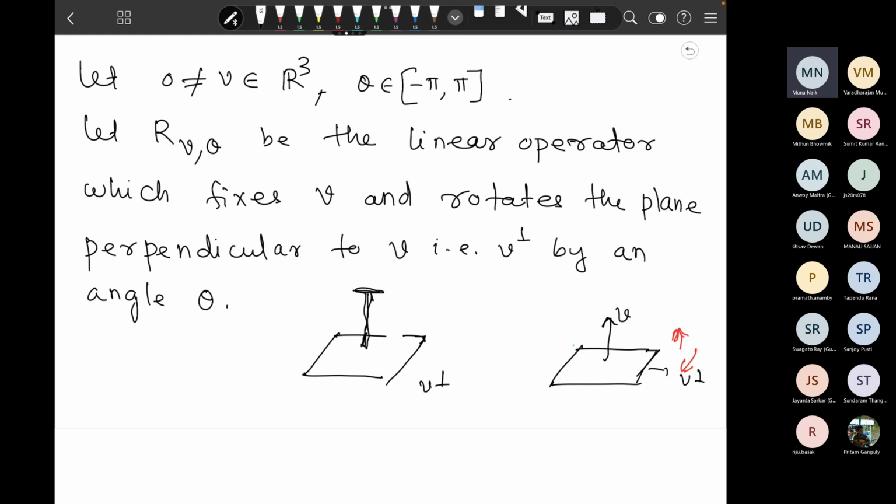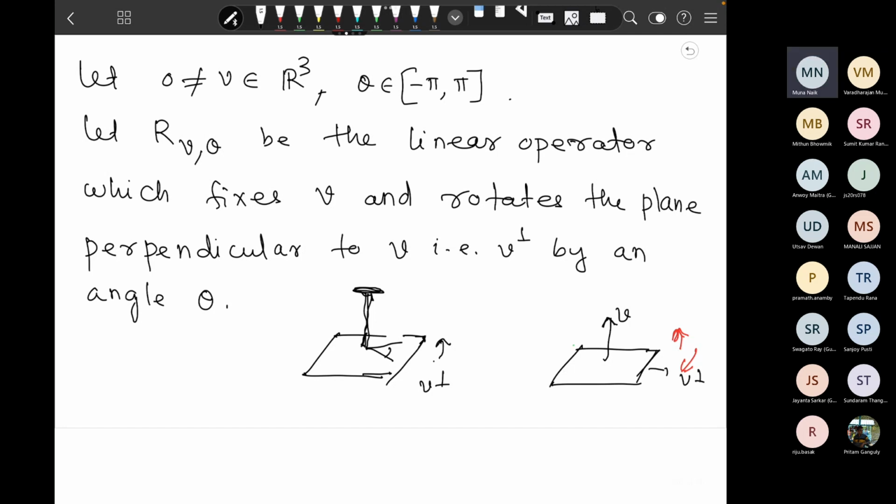Now you rotate the screw in a direction, and if the screw comes out of the plane, then you assign that as the positive direction of rotation. And if the screw goes inside the plane, then that direction of rotation is negative.